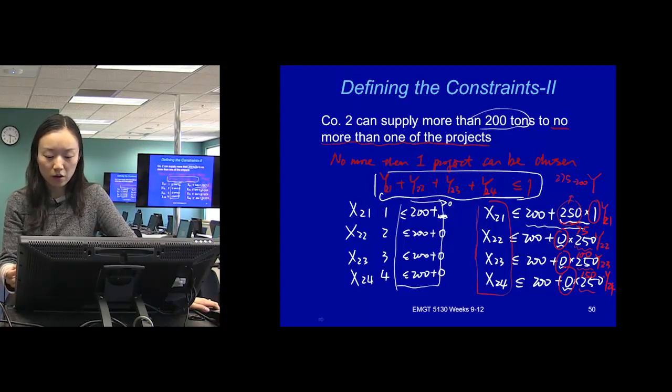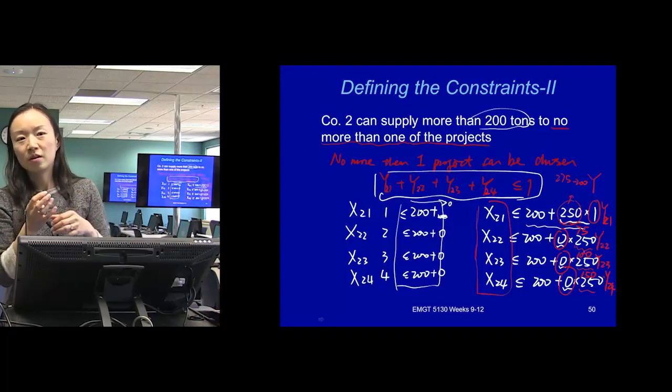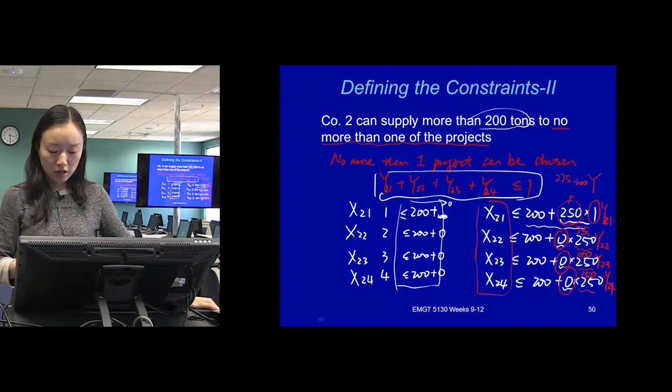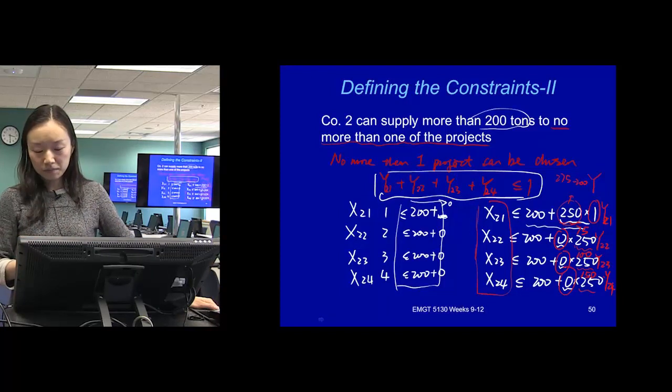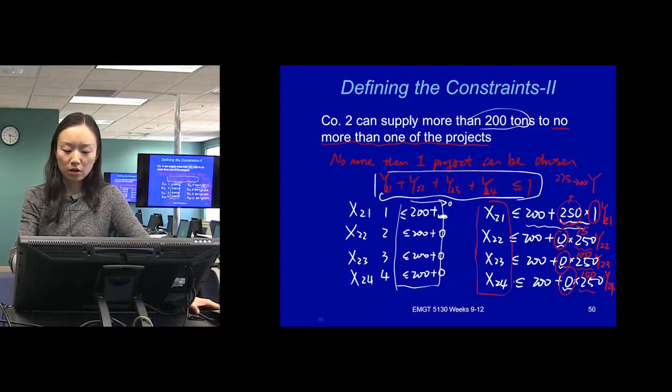I would say this is a more accurate way, because it limits the feasible region as much as possible. But if we don't really care and just want one constraint to represent all of them, then use this 250, which is the maximum value.